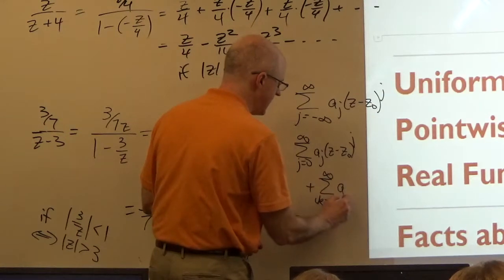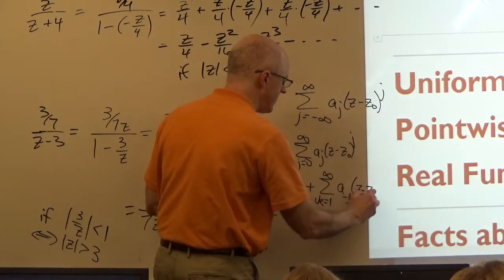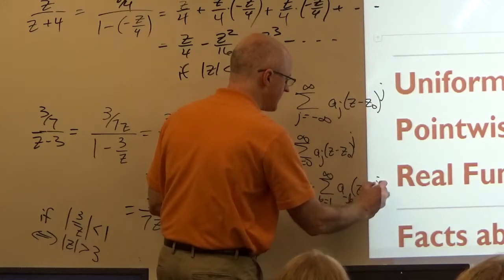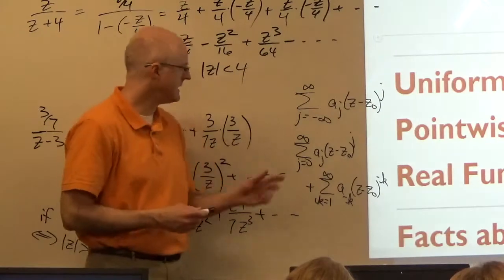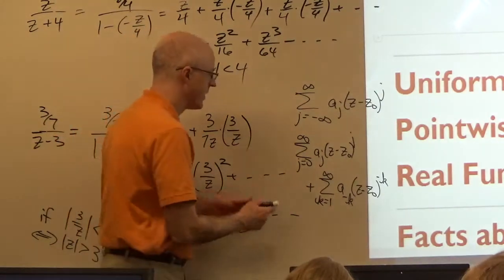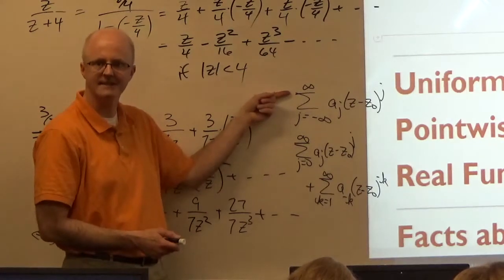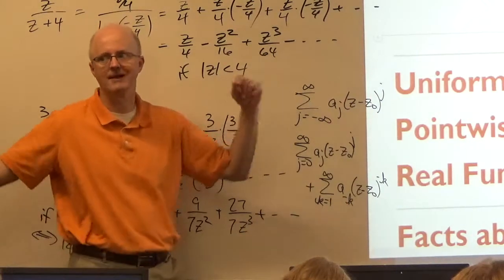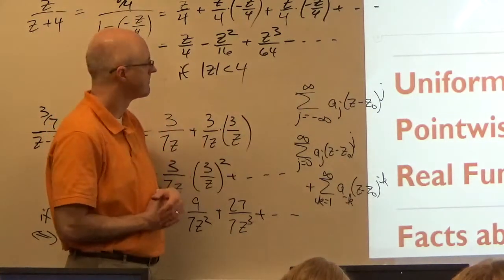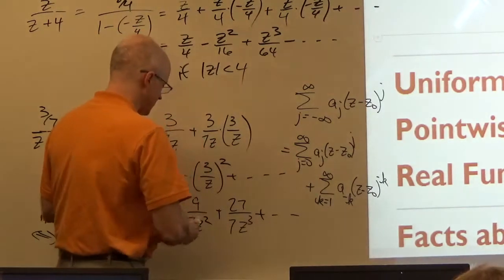And call this a sub negative k, and make this power be negative k. Both of these series would need to converge in terms of their partial sums, and you need to add them for this to make sense. You do a similar kind of thing with improper integrals going from minus infinity to infinity. Break it into two pieces in general like this.